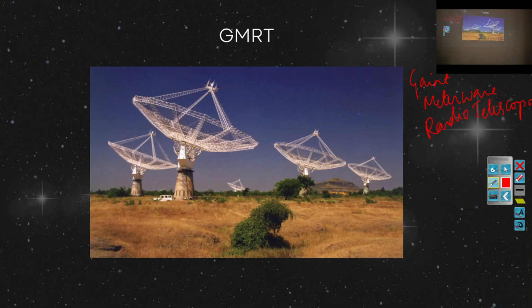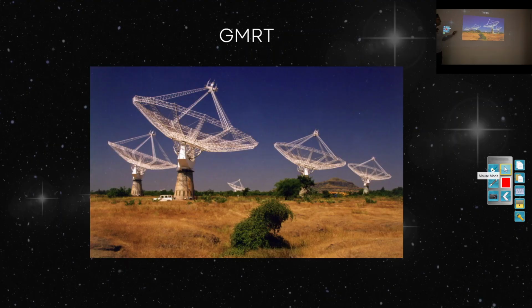It is an array of 30 parabolic radio telescopes spread over a 25 kilometer area. And it is located in Pune, Maharashtra.